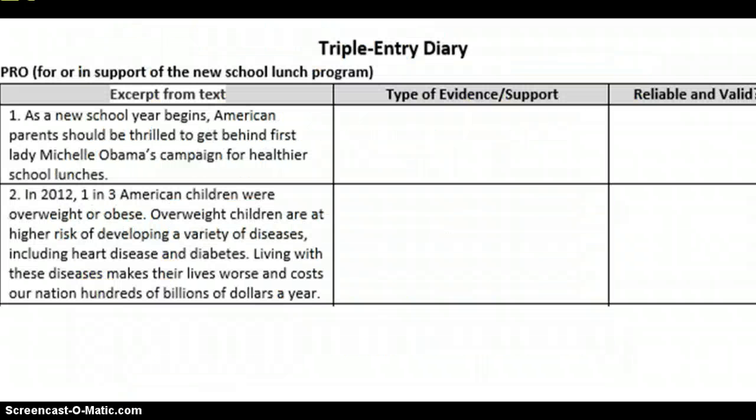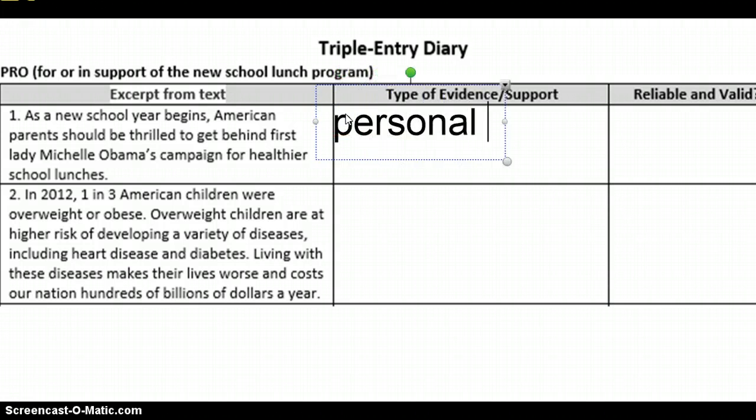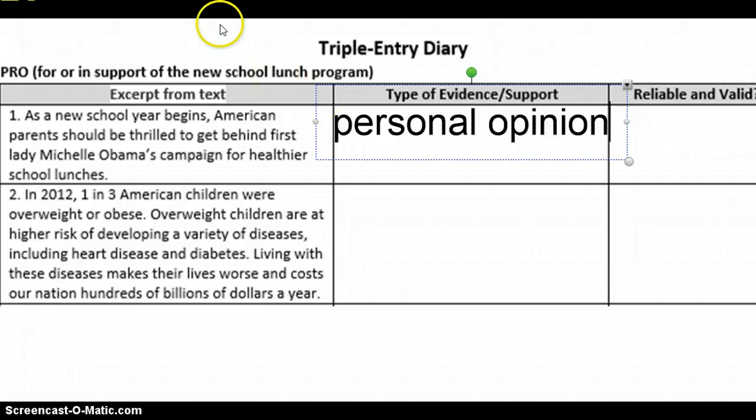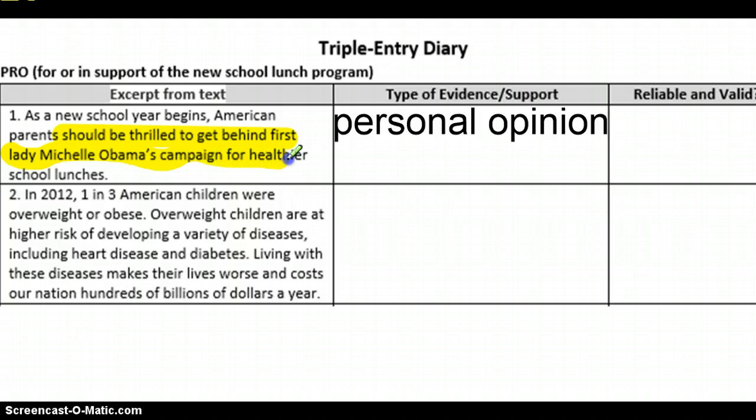So in my diary entry, where it says type of evidence or support, I'm going to say that this is a personal opinion. Then just to show that it's a personal opinion, I'm going to highlight in the text: should be thrilled to get behind First Lady Michelle Obama's campaign for healthier school lunches.